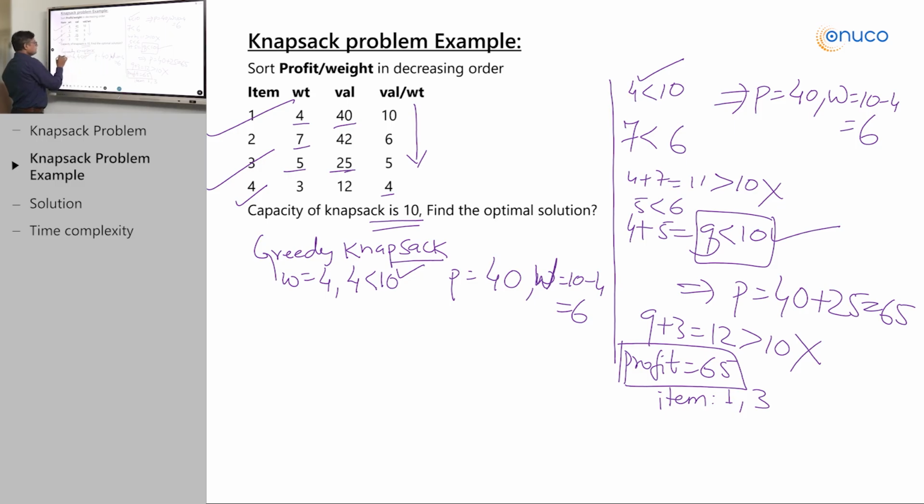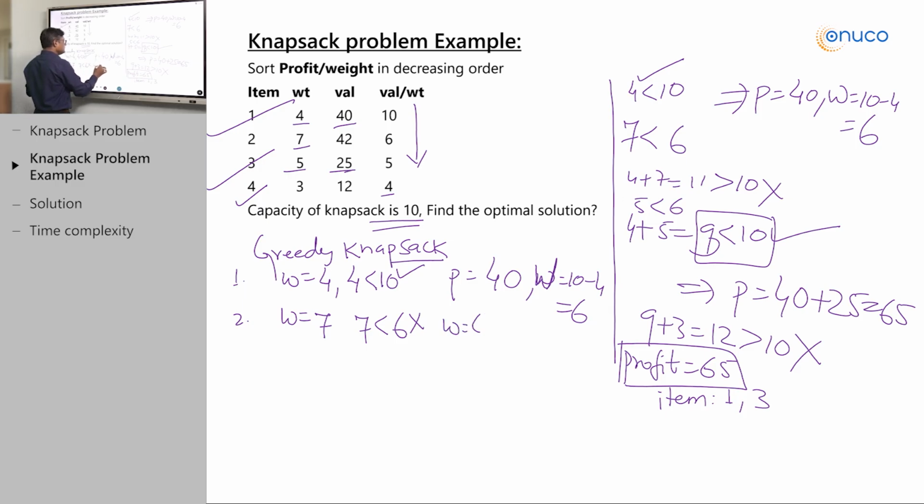What is the next item? So this is the first item done. What is the second item? Profit is 42, weight is 7. Is 7 lesser than 6? No. So we are not in a position to select the 7 kg of that item. So greedy knapsack says that okay, you can go with fractional weight. How many kg do you want out of 7?